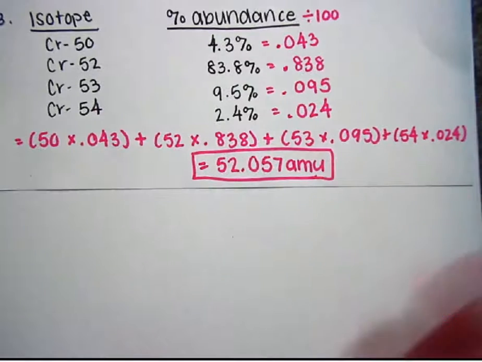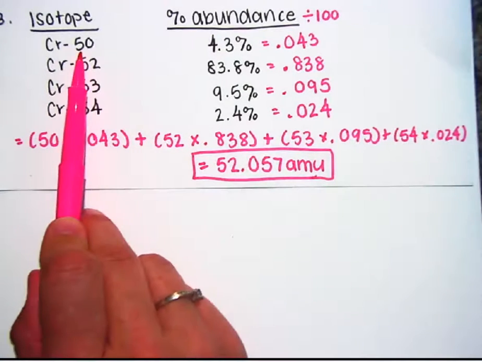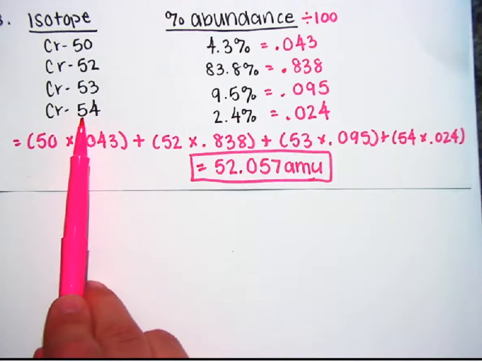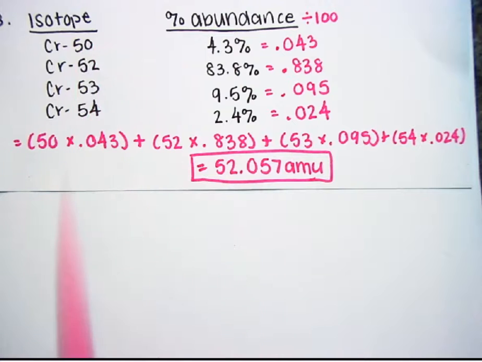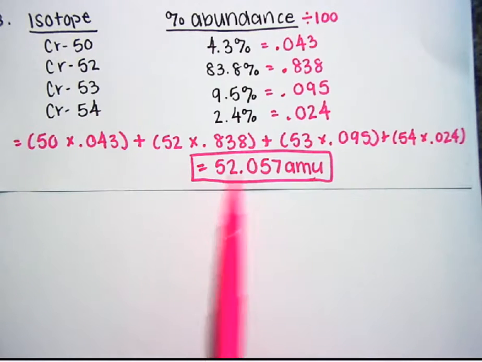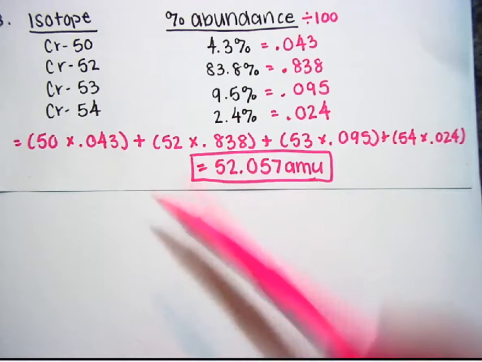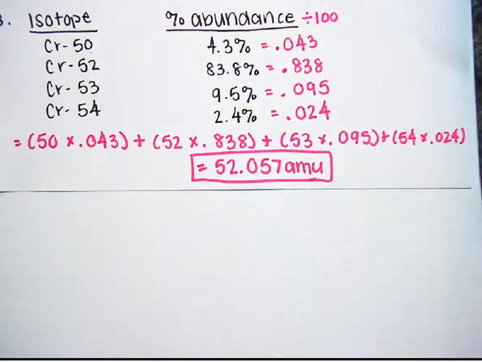Going through our 3 checks. First, does our answer fall somewhere between the smallest mass and the largest mass? If your answer is not between 50 and 54, you did something wrong. 52.057 does fall in that range, so we're good.